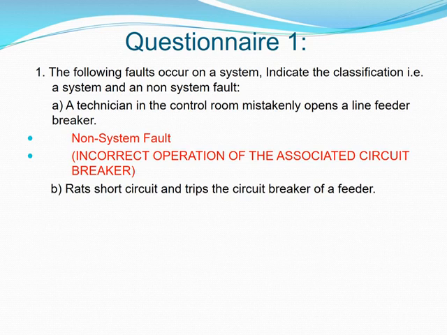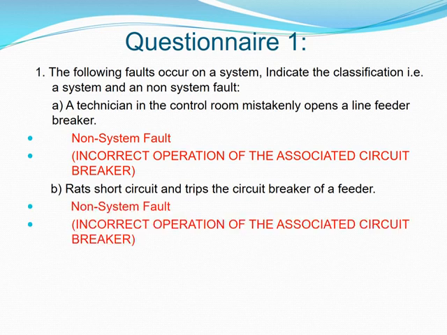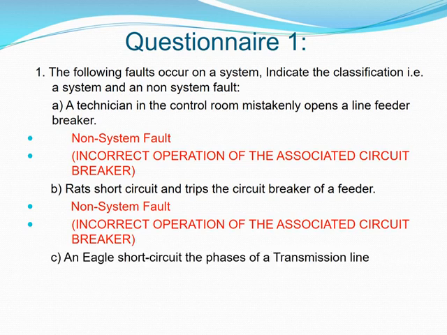Then the second one is you've got rats or rodents, and they short circuit and trip the circuit breaker or the feeder. So again, it's happening at the circuit breaker and not at our primary electrical equipment. So therefore, it also makes it a non-system fault for the same reason.